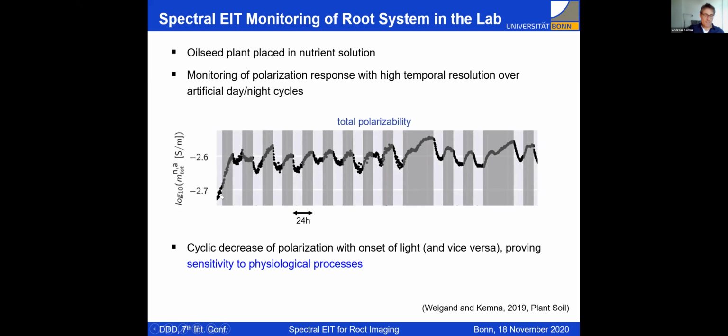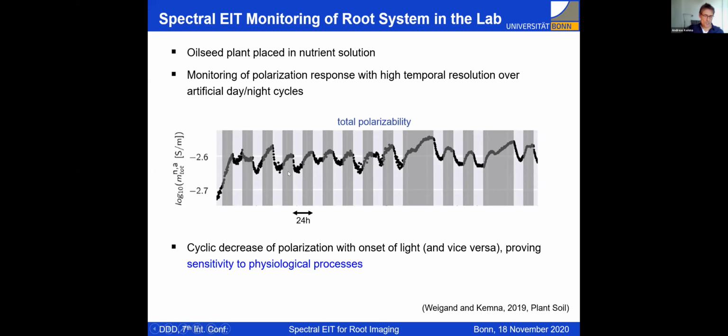And we were excited to see actually a cyclic behavior also in the polarization response. So another indication that obviously this polarization is sensitive to the physiological processes which are going on.